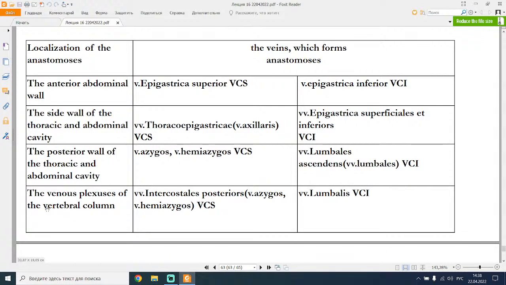Next, the venous plexus of the vertebral column: anastomosis between vena intercostalis posterior and vena lumbalis.